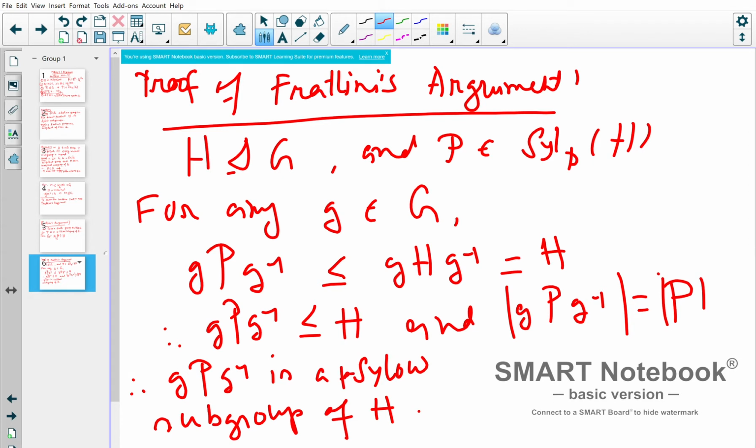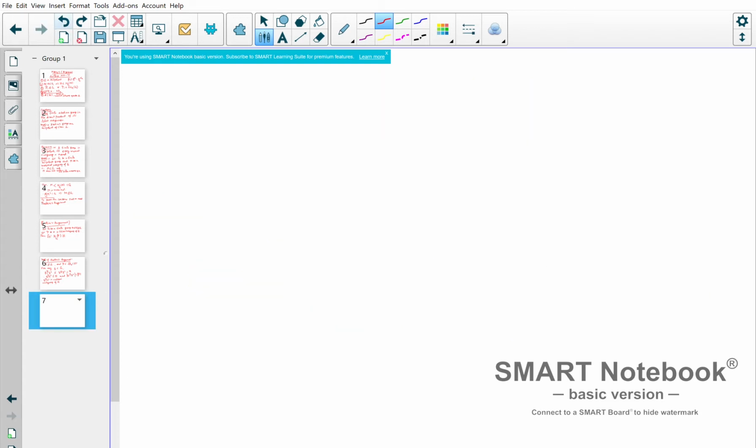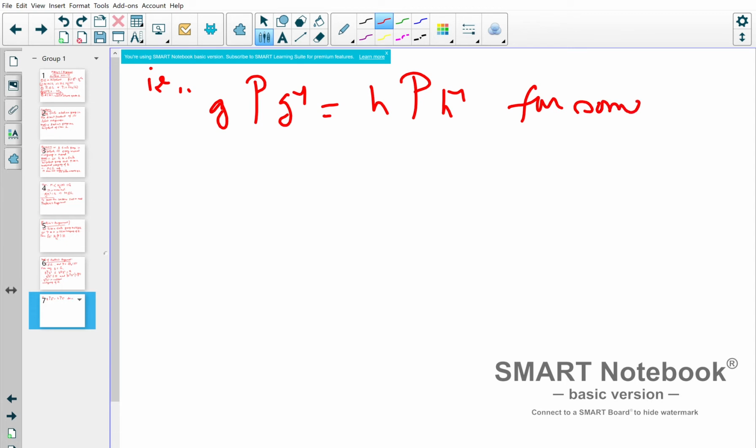But you already know that every p-Sylow subgroup of any group is conjugate to each other. So gPg inverse is actually nothing but some hPh inverse for some h belonging to H, because every p-Sylow subgroup of H is of this form.